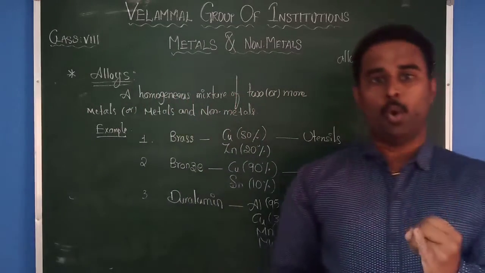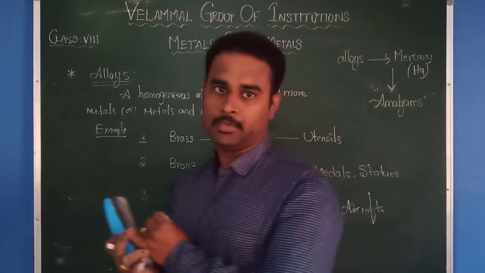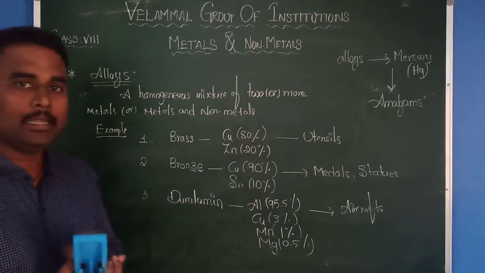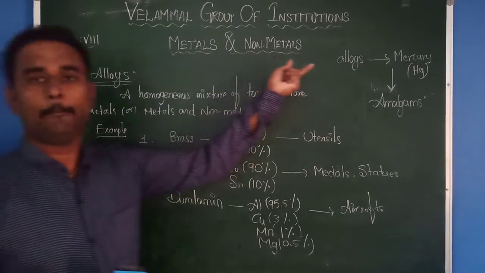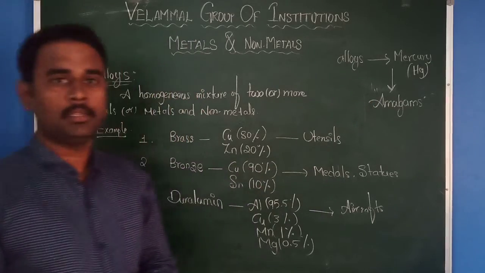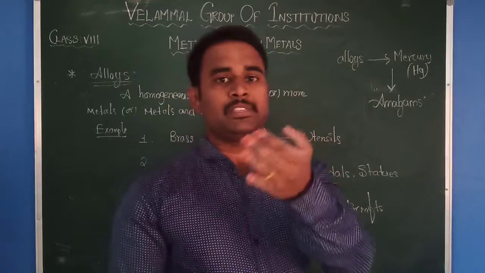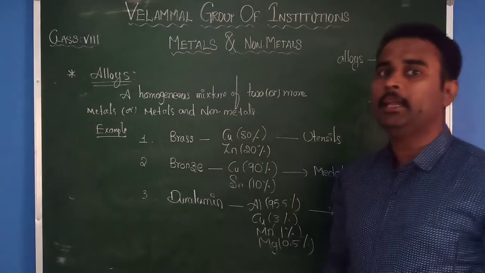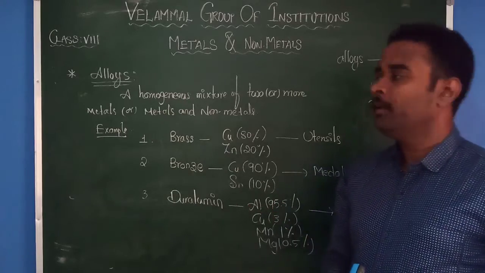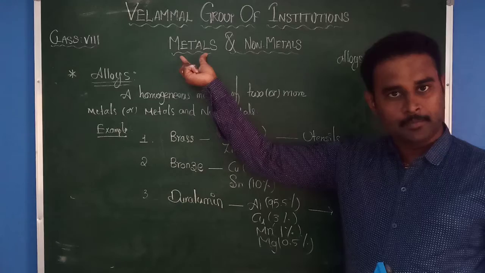First we discussed the classification of materials, 3 types: metals, non-metals and metalloids. In our chapter we are going to discuss only metals and non-metals. In the next class we discussed metals: their physical properties, their chemical properties, that means how they react and what they produce. And next we discussed the nature of the metal oxides.